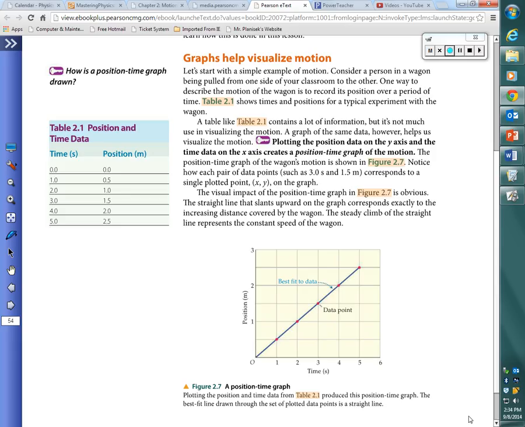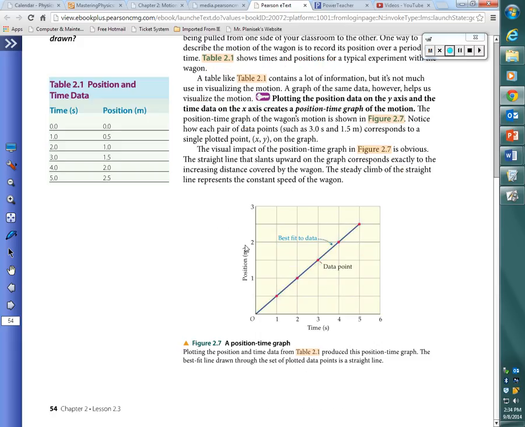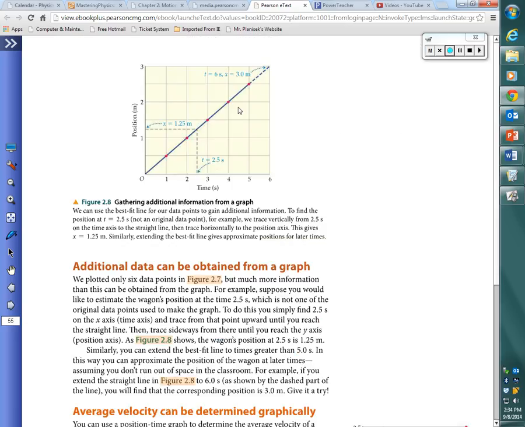Down at the bottom, just like the graph I showed you, graph of position versus time. Then on page 55, this picture up at the top here, I gave to you at the bottom of the first sheet of your packet.